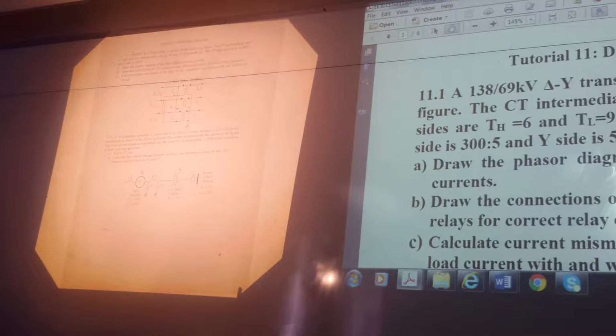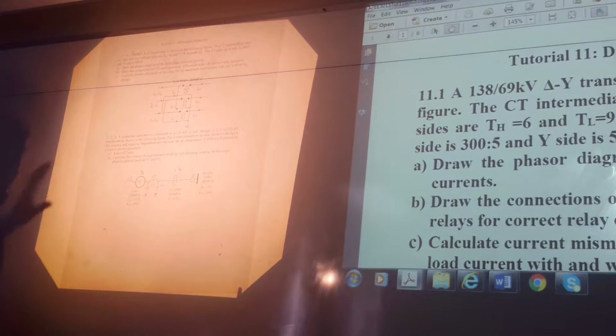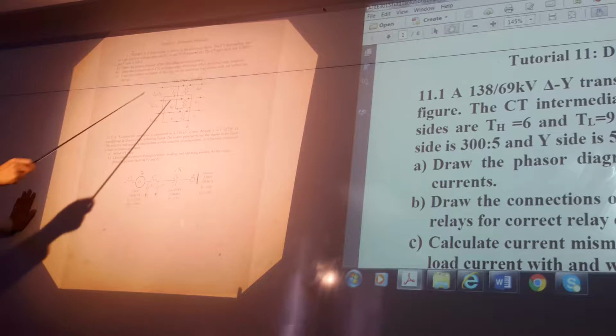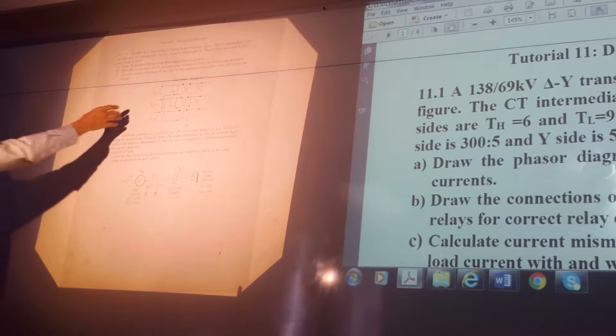Whenever you have a delta Y transformer, the connection is more complex because ultimately you need to get a kind of control current to drive the relay. So with this type of arrangement, whenever you see a delta, your CT must be arranged such that you get what we call the Y, in order to get a line current. Same arrangement here. When you have a Y, you cannot use Y again, because then you get something that is different from here.